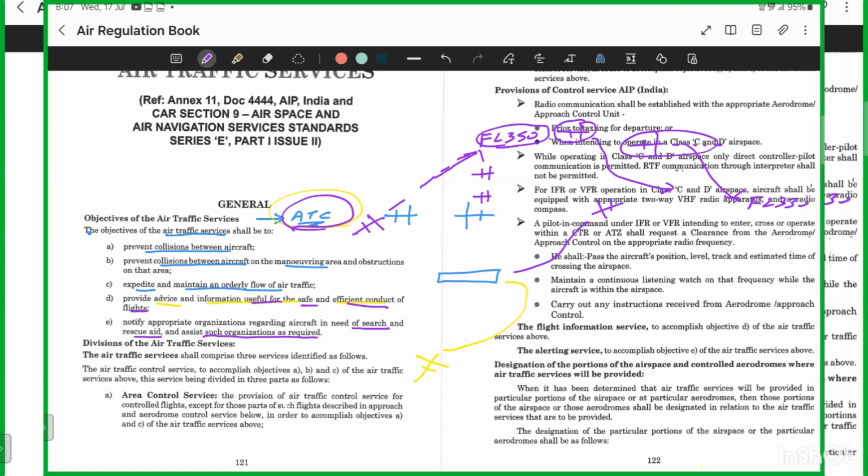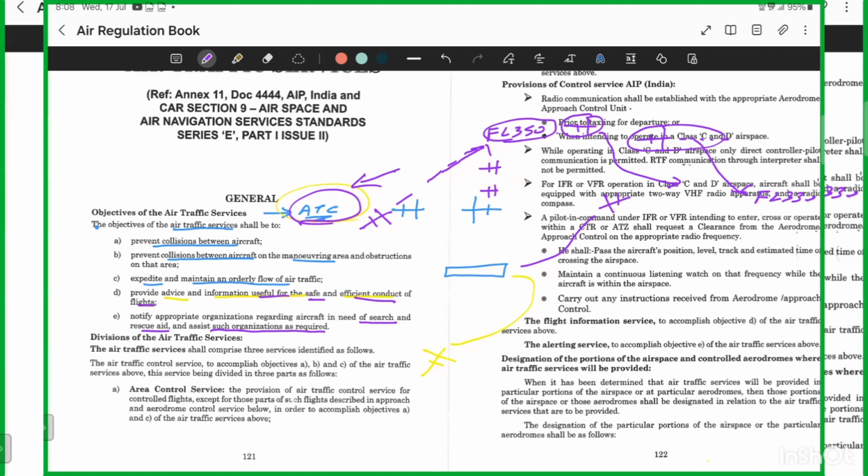Something happens to you, he's the first person who is going to know this aircraft is lost. So he will inform the search and rescue organizations, Air Force, Navy, Coast Guard. All of these will be informed by them in the respective areas, and search and rescue operations will be carried out.